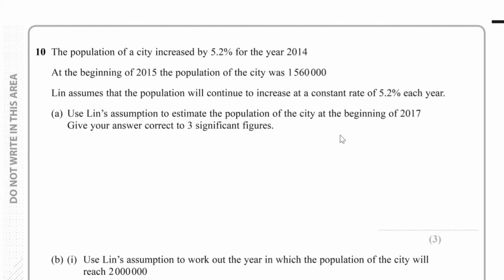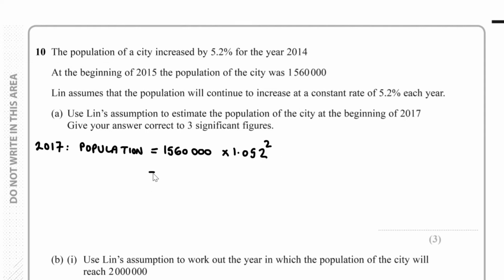So therefore, at the beginning of 2017, the population is equal to, well, for the exponential growth, we've got the original amount, 1560000, multiplied by our multiplier, 1.052, to the power of 2, because from 2015 to 2017 we have 2 years.